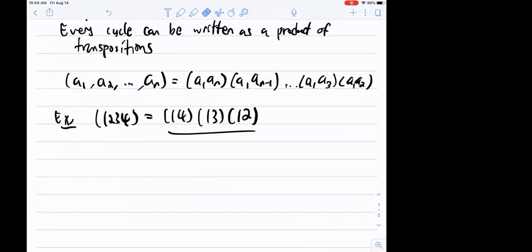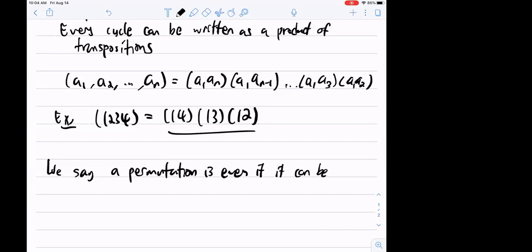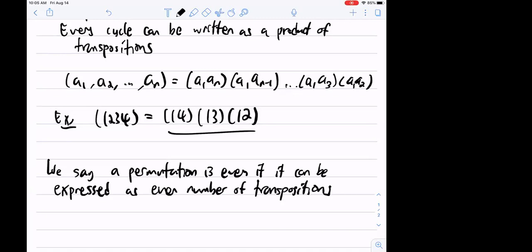Now we say a permutation is even if it can be expressed as an even number of transpositions, and the same for odd.